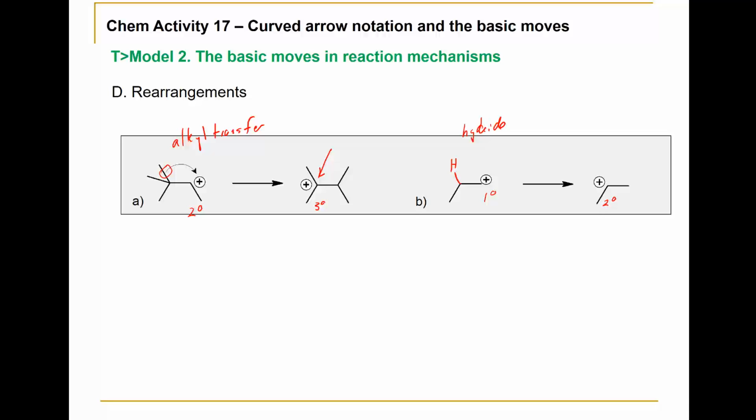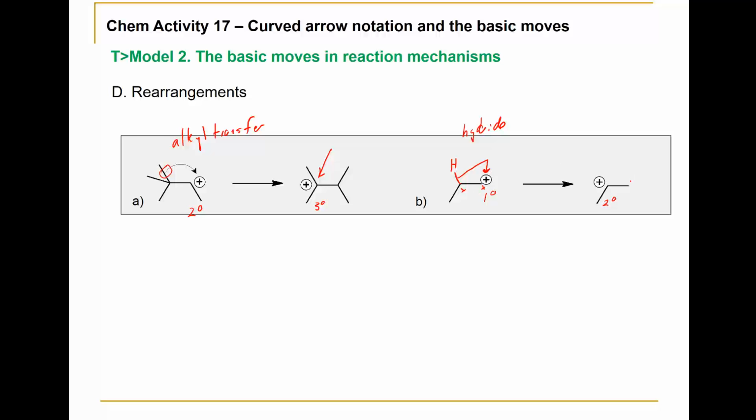So you would need to write in the bond between carbon and hydrogen to highlight what's happening. And so I'm going to start the tip of my arrow and point the arrowhead to the positively charged carbocation. This is the hydride shift from this carbon to this carbon.